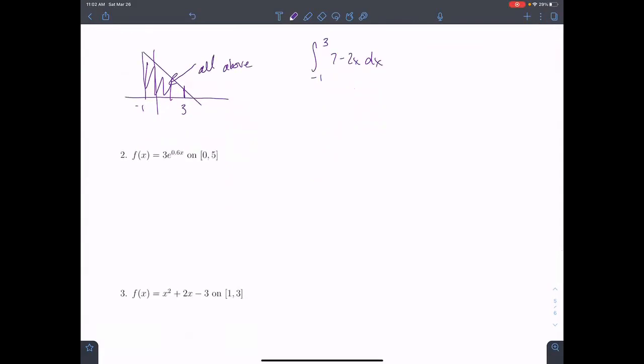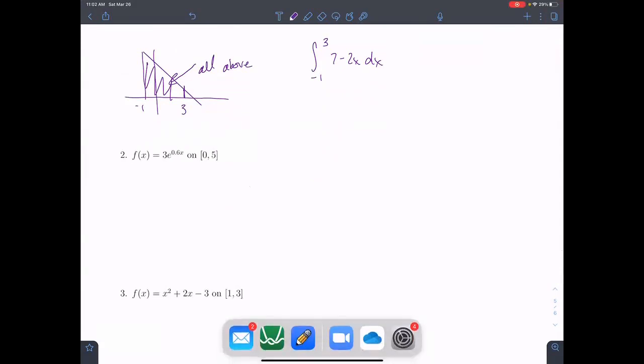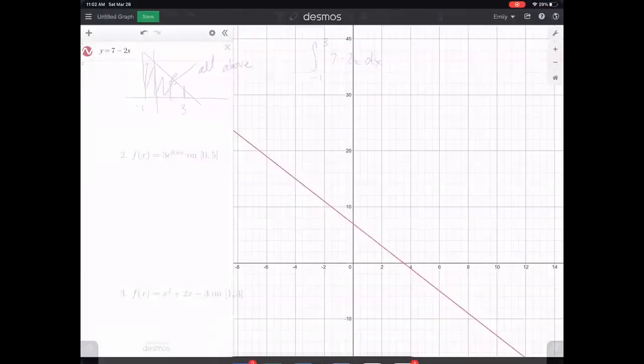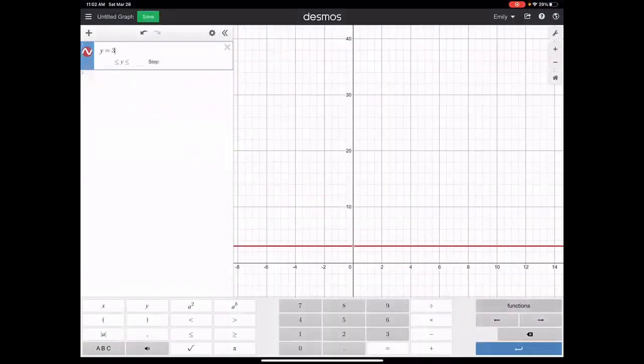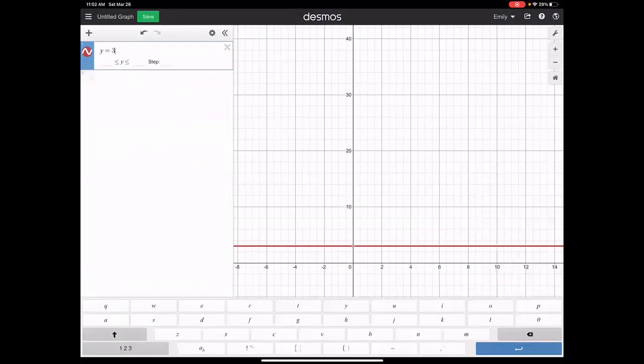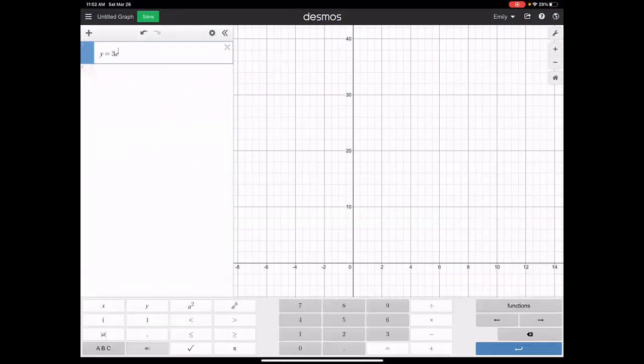Number 2, you actually do need to do a u substitution on this integral, but this graph, 3 times e to the 0.6x, we're looking from 0 to 5.